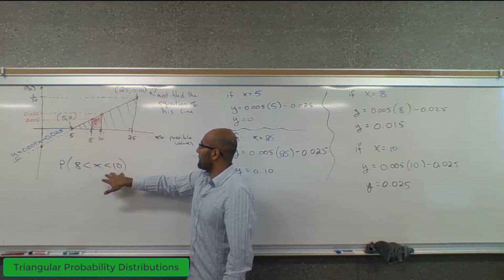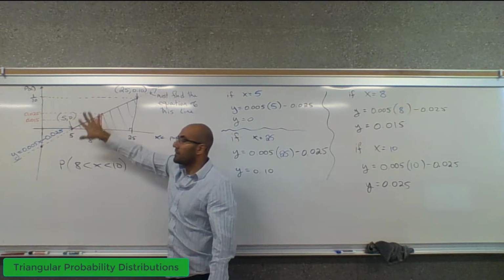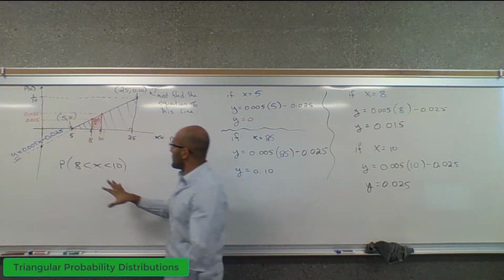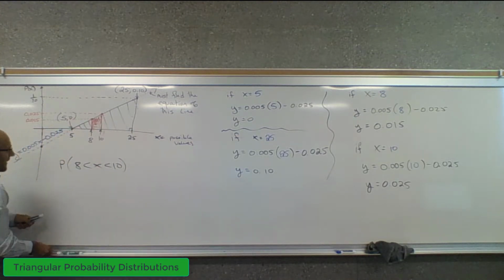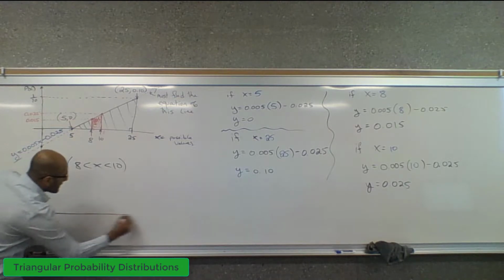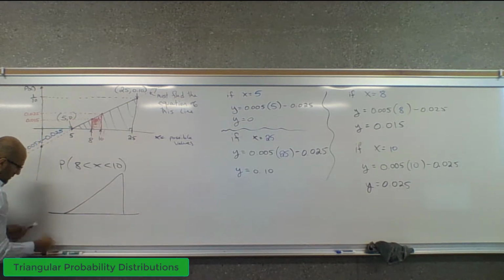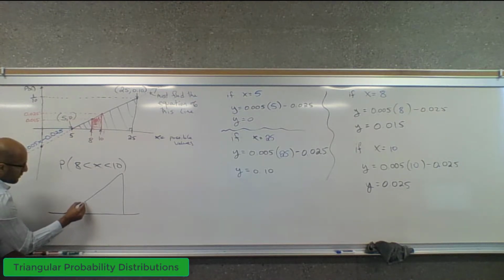So I'm just going to redraw this part here. I'm going to zoom in on it because it's too messy right now. I'm just going to put in the important parts.